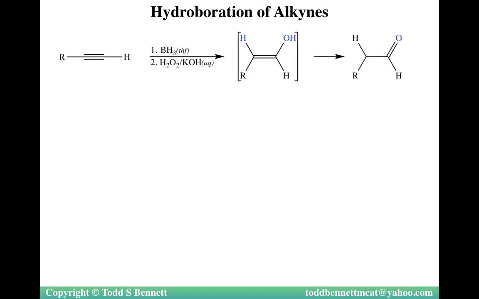Okay, hydroboration. So we did this with BH3 and peroxide. And if you remember, it added in an anti-Markovnikov fashion. So same thing happens here. If I do this, BH3, the BH2 is going to go here, H here. But because this is linear in nature, it ends up that it's not as selective as an alkene.